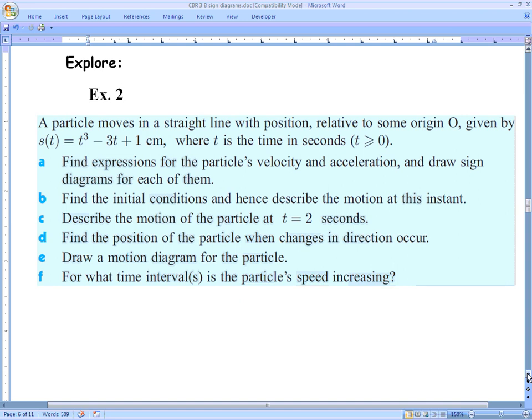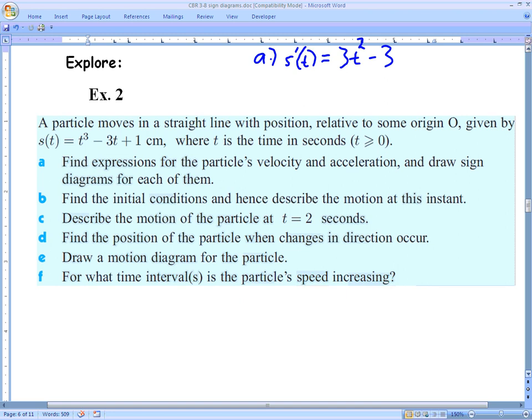So velocity would be our first derivative. And I know I'm going to be short on space here, so I'm going to start off up here. That's going to be s prime of t, which is equal to 3t squared minus 3. And that would be our velocity equation, which would be in centimeters per second.